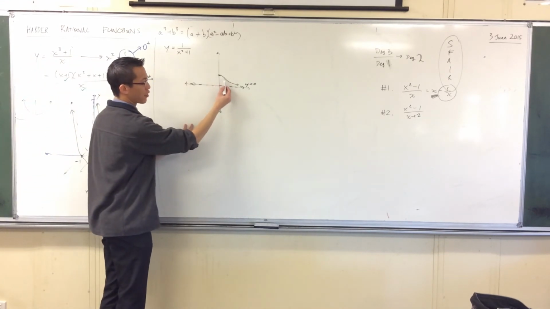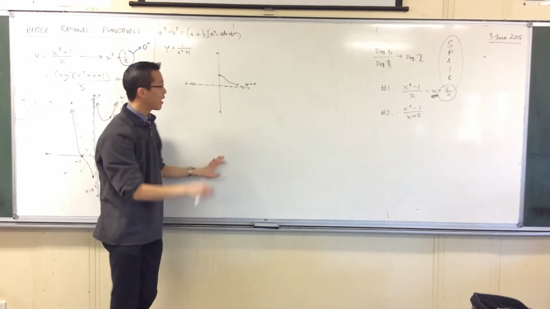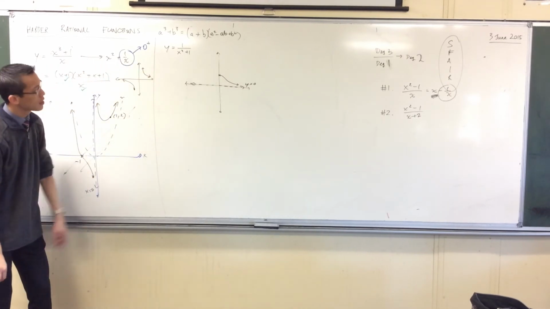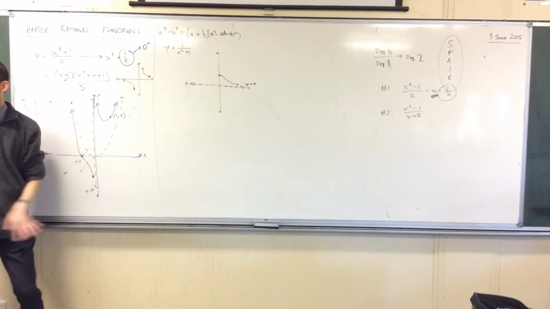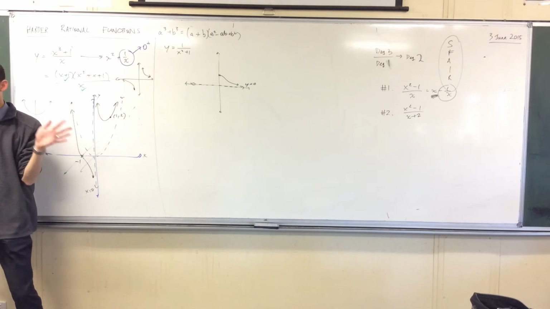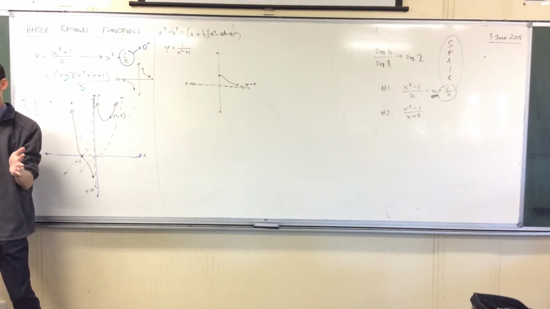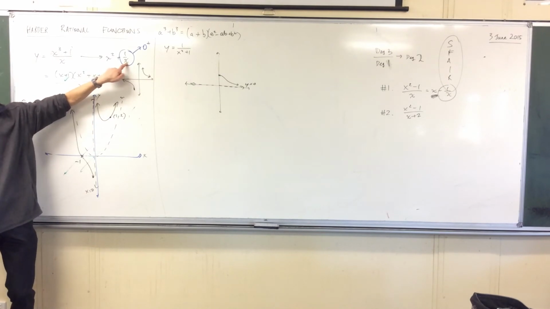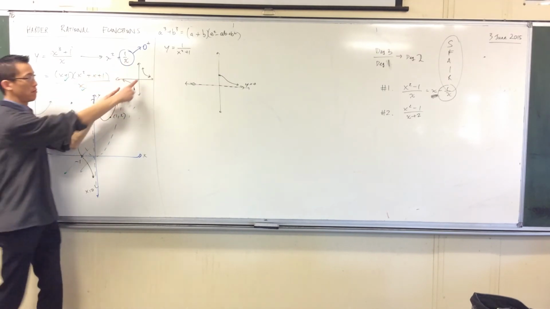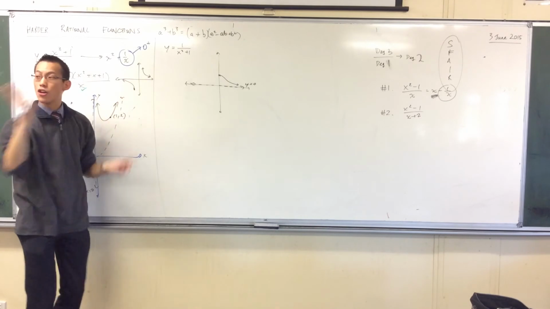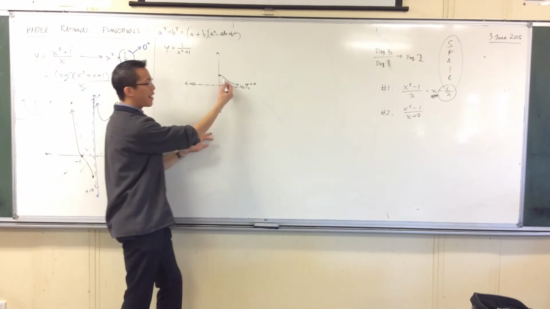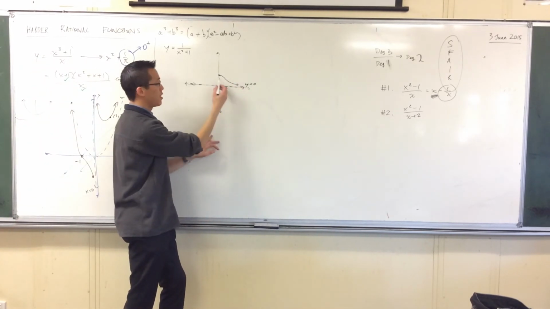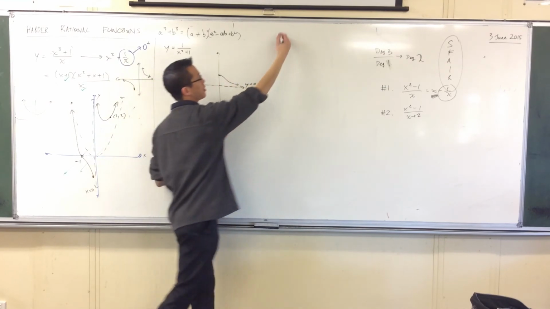Why does it go like that little curvy bit? Because these kinds of shapes are all curved. I don't have any straight lines here. Even when I have a linear function on the bottom, when you put it on the bottom, you get a curved shape. So I know it must be curved, and I have to approach this thing.